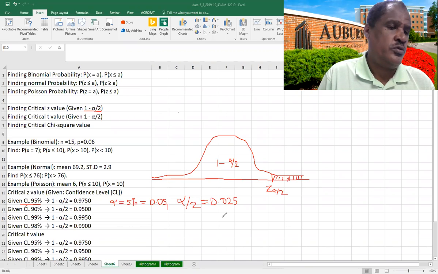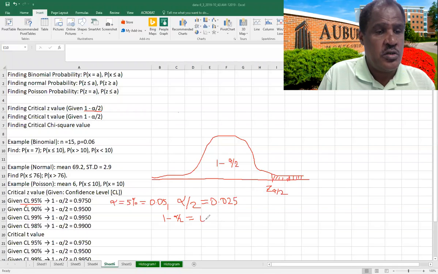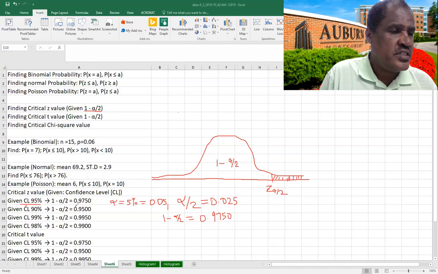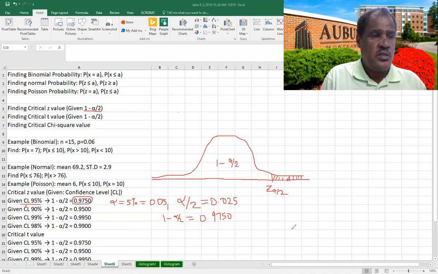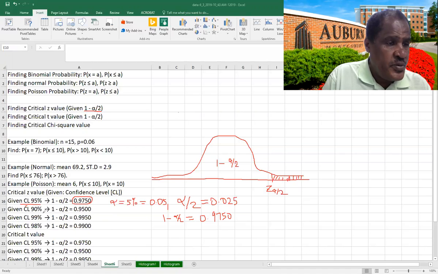That is alpha over 2. And 1 minus alpha over 2 will be 1 minus this number, which is 0.9750. So that's how we found this 0.950, okay?